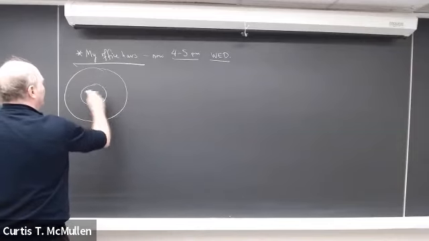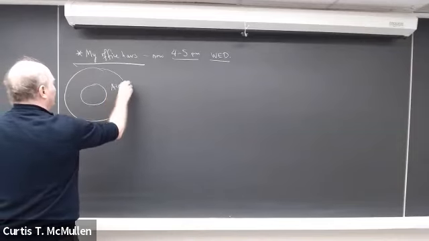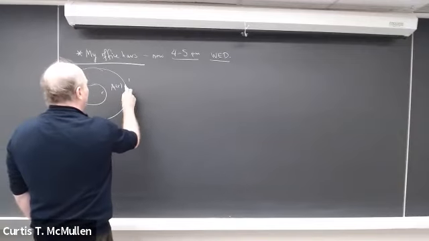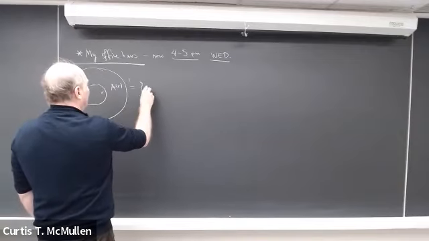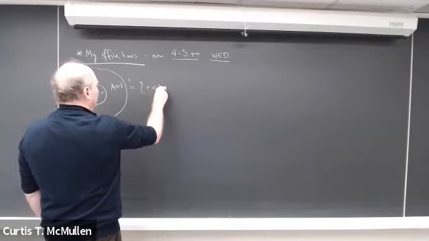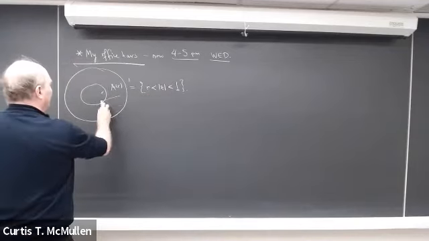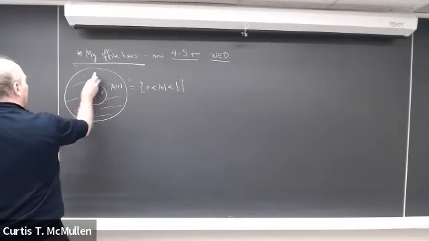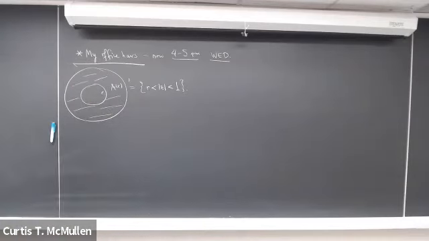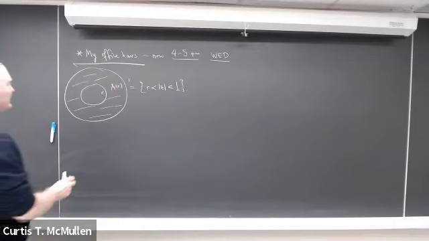I use the notation A of r to denote the region in the complex plane consisting of the points with little r less than the absolute value of z less than 1. So it's an annular subset of the unit disk. And it turns out that the universal cover here is isomorphic to the upper half plane.